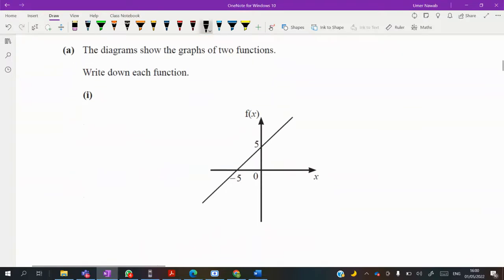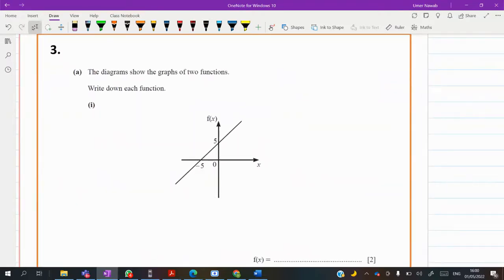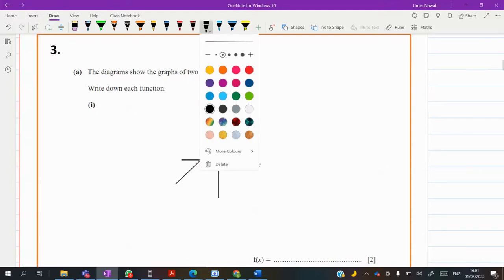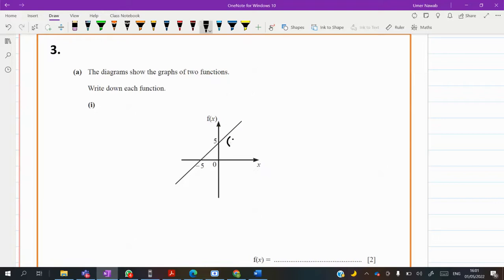Next question. He said that the diagram shows the two functions. Write down each function. It's pretty simple, my friends. This point is 0, 5, and this point is minus 5, 0. The gradient is, if you want to find a gradient, 5 minus 0 over 0 minus minus 5, which is 5 over 5, which is 1.